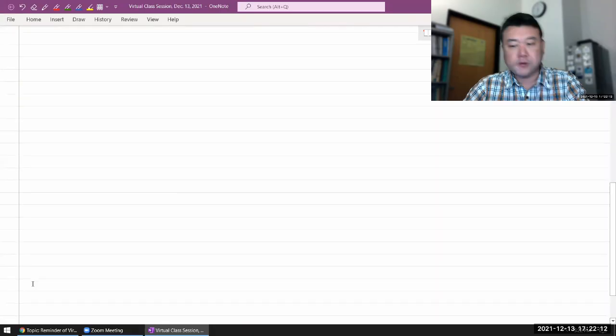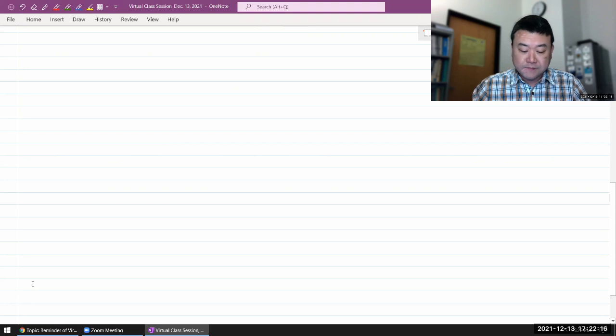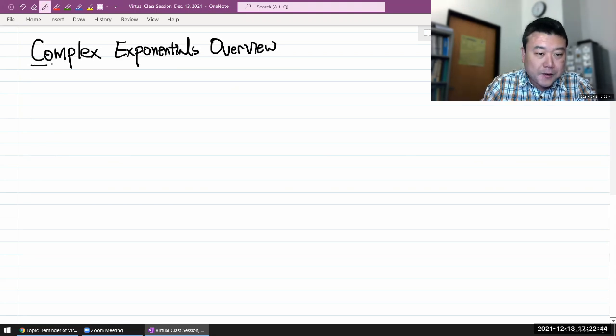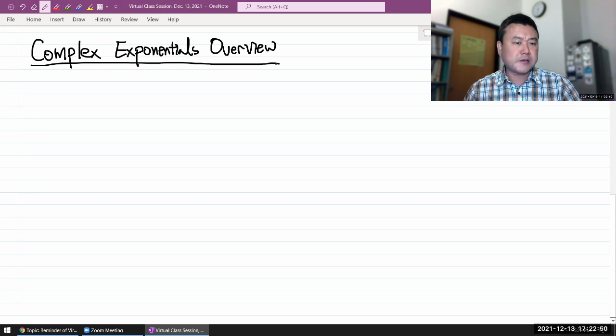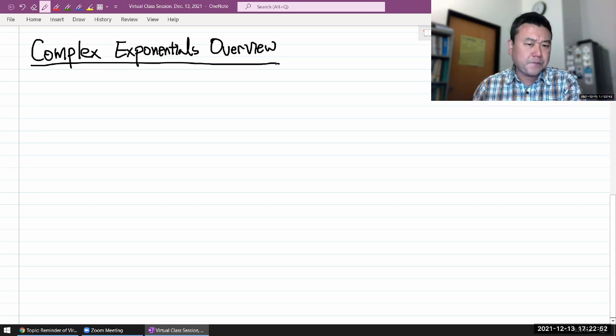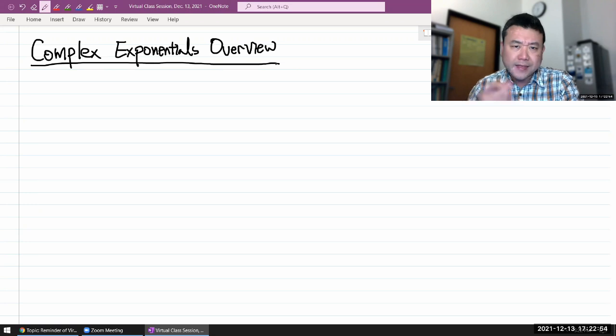I think I want to call this complex exponentials overview. This is a topic that I really want to give a treatment as a part of a lecture, because it's the kind of thing that does get covered in math classes leading up to here.